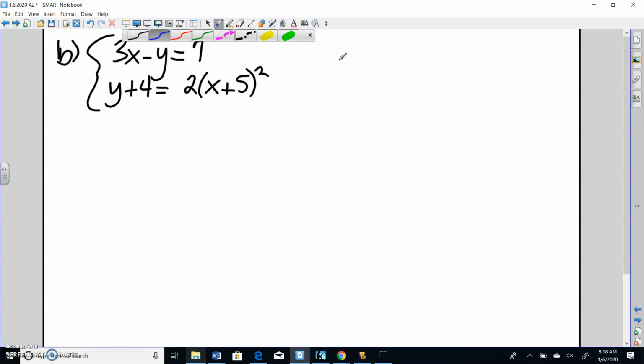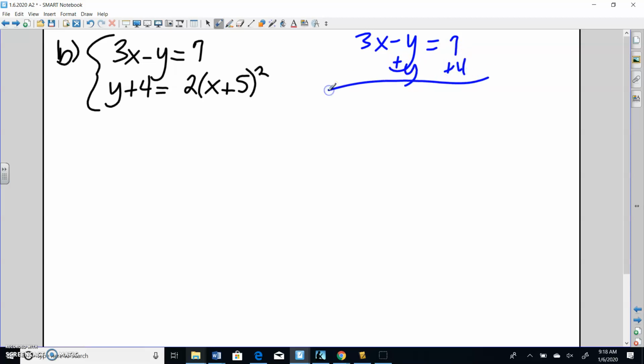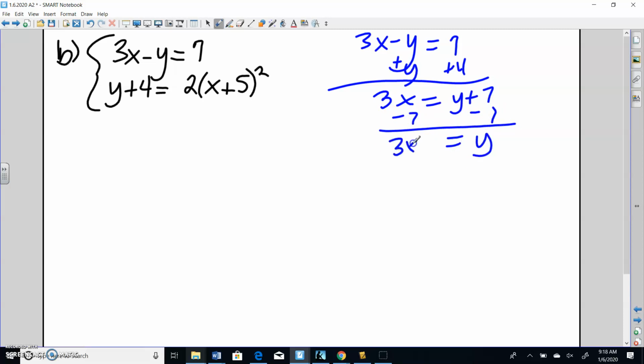So over here, I've got 3x minus y equals 7. I'm going to add y. So I get 3x equals y plus 7. Then I'm going to subtract that 7 to get it over on the other side. So that gives me the equation y equals 3x minus 7.